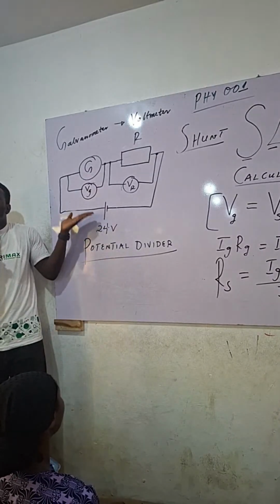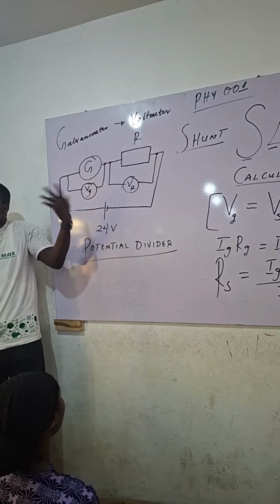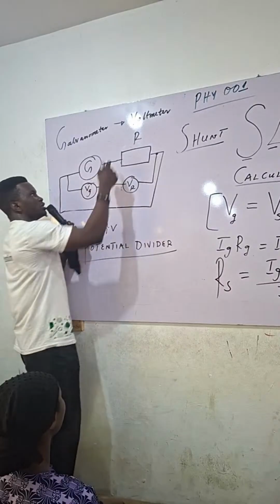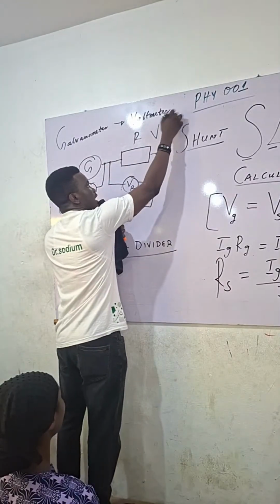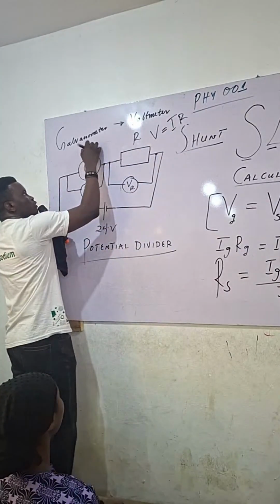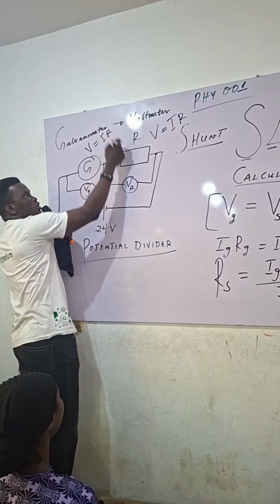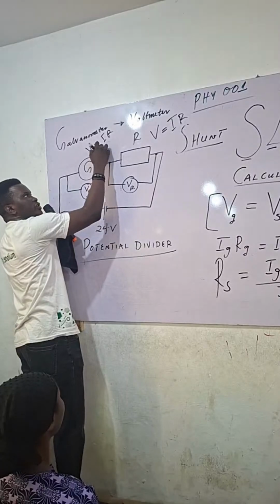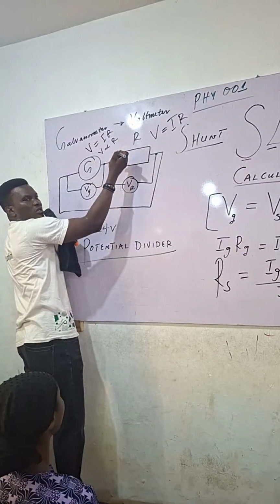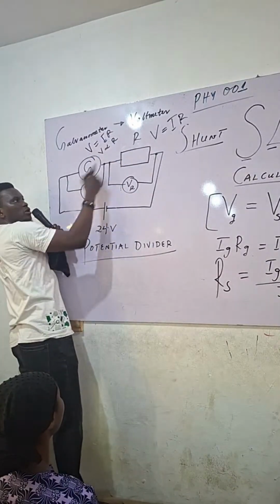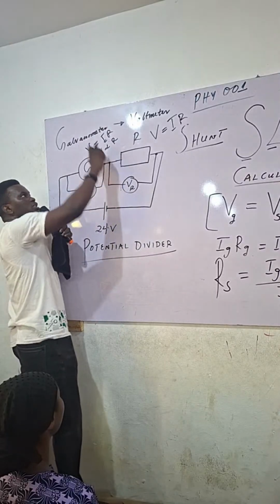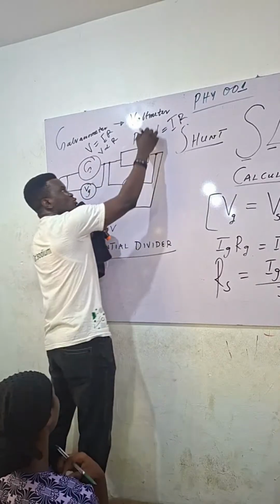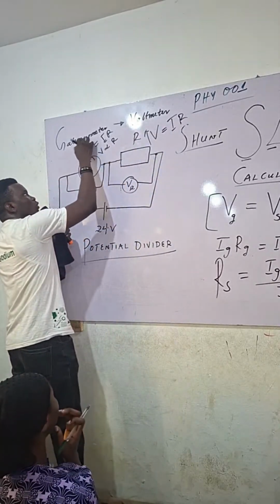Because the current in the circuit is constant for both of them, Abi, and we already know that V here is equal to IR, and V here is also equal to IR. So the only thing I need to change to increase this is, like saying V is directly related to R, Abi. Because both of them are in series, what is flowing through this is what is flowing through this. So in order to increase this potential now, what do I need to do?